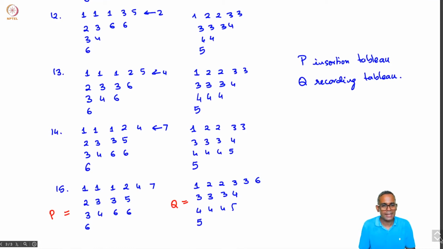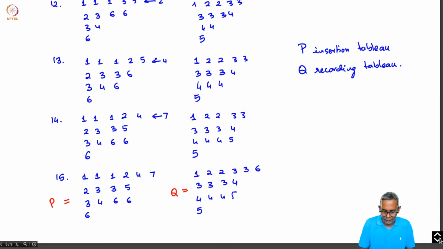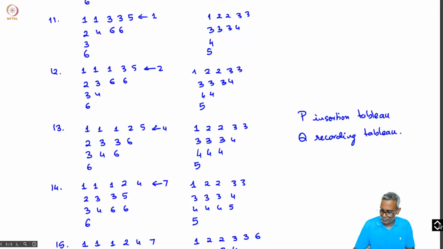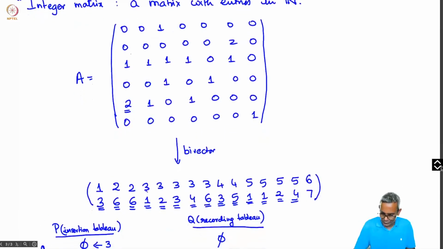Now, how many times does the integer j appear in P, and how many times does the integer i appear in Q? Note that the number of times an integer j occurs in P is the number of times it occurs in the second row of this two-line array, which is just the sum of the jth column of this integer matrix.